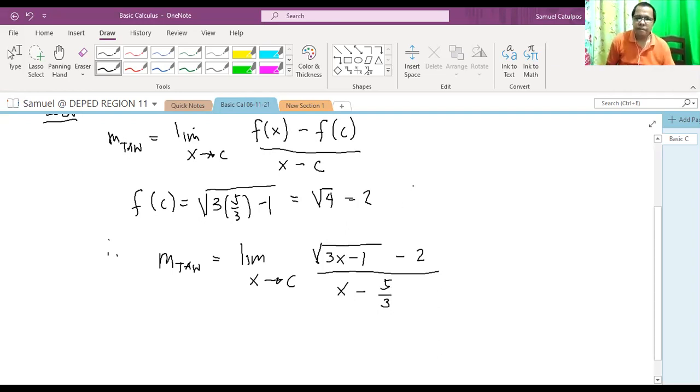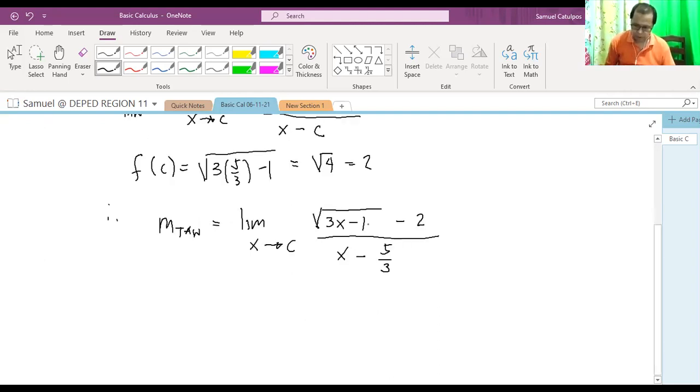Okay. Now, diri na ang challenge, no? Kay muna na ang medyo challenge because of the presence of your radical function. We need to eliminate radical function, to eliminate square root, we need to rationalize.